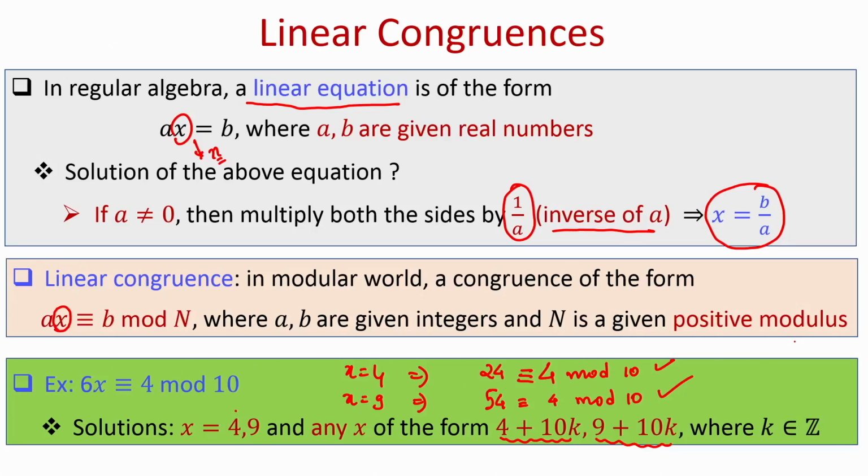Unlike regular algebra where the solution was just b over a, of course, you can also say 2 times b over 2 times a is also a solution, 3 times b over 3 times a is also a solution, right, but more or less their primitive form is b over a. In the same way, the primitive solutions, primitive in the sense the base solutions, are 4 and 9, and now you can create infinite number of solutions out of these two solutions by adding all multiples of 10. Okay.